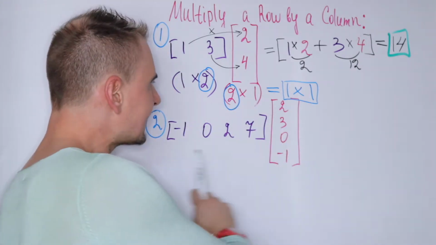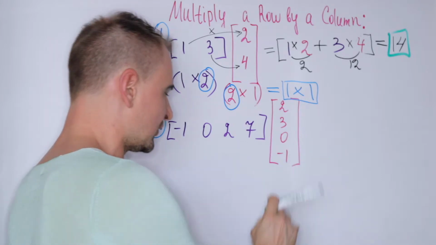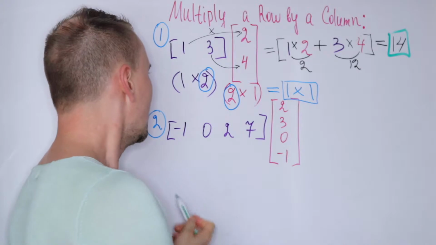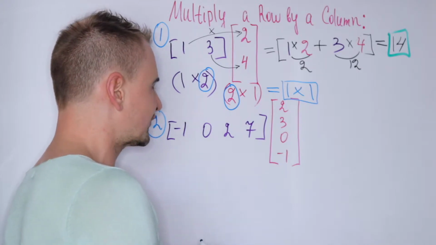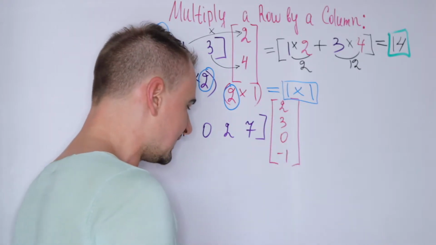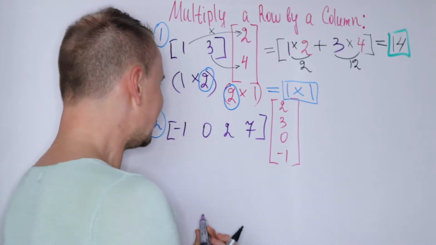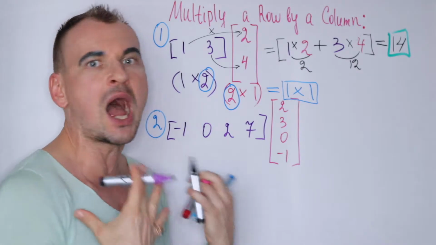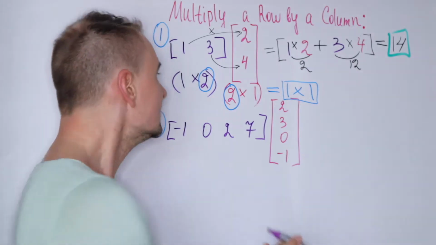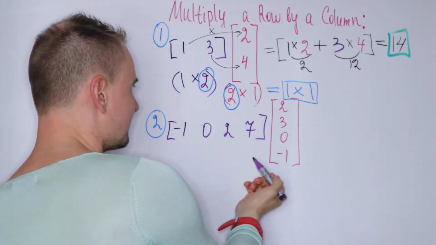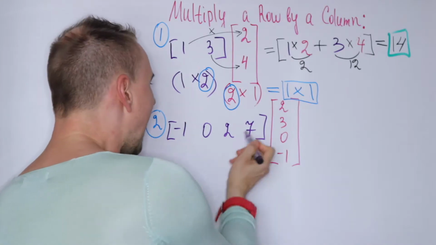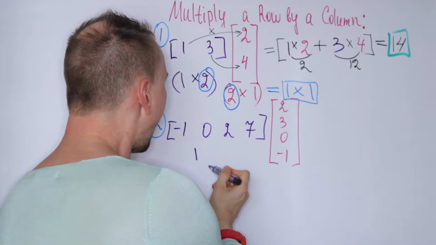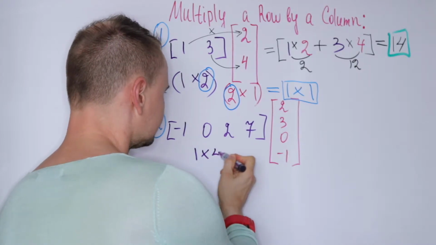Now, let's go ahead and do one more. Say you have been given this matrix, -1, 0, 2, 7, and you need to multiply by this column. Same idea. First check to see if we are able to perform this multiplication. The first matrix has one row and 4 columns.